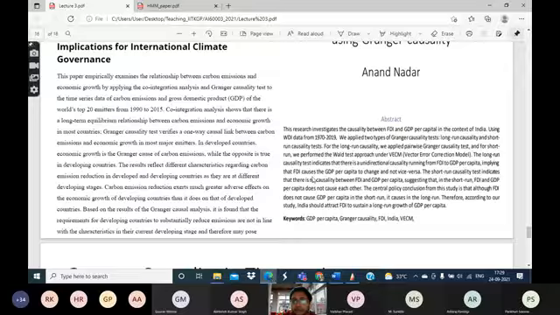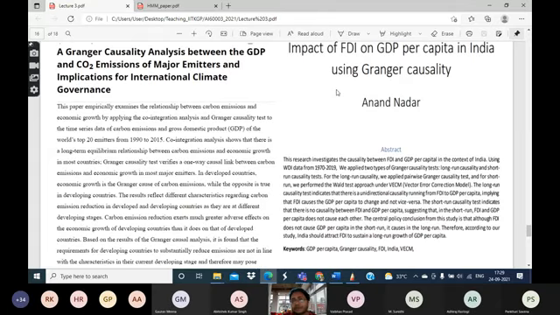Now, a similar study has also been done on the impact of FDI, that is foreign direct investment, on the GDP growth, per capita GDP of India. So there is this debate, right, whether India should go for higher FDI or for lower FDI. And there are people of different kinds of opinion. Some people say that yes, we must allow more FDI for higher growth of our economy.